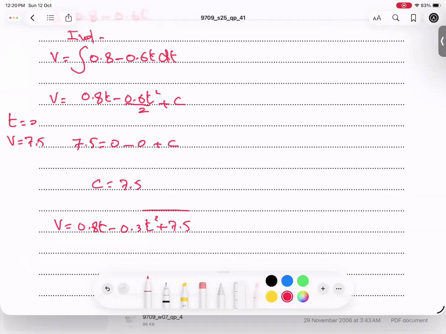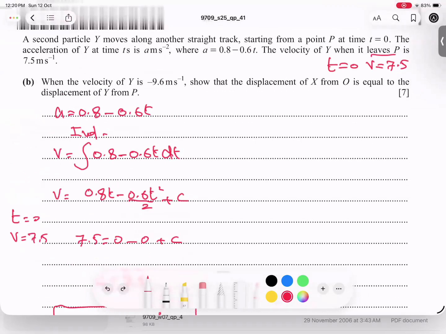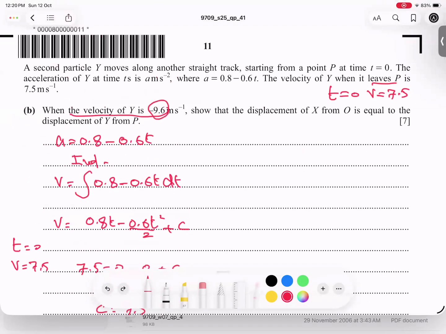So I got the expression of velocity, but what question is he asking from us? He is asking, when velocity is negative 9.6, show that this is equal for both. So it is very clear.